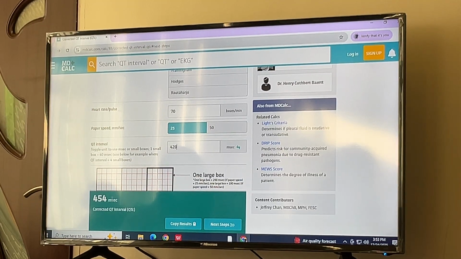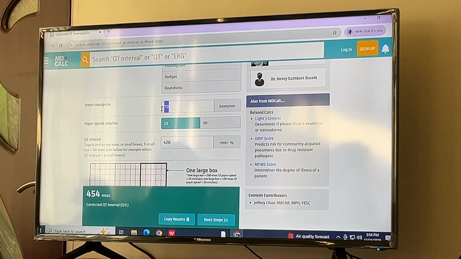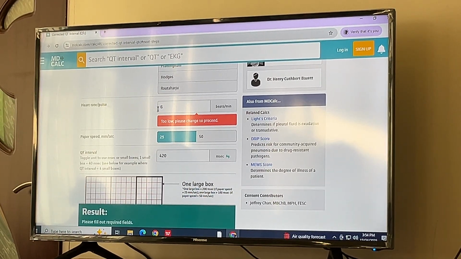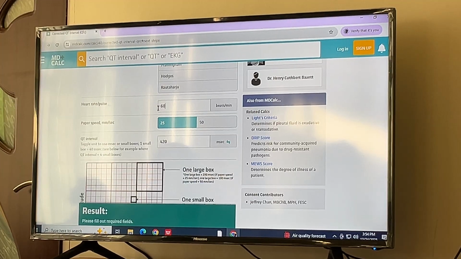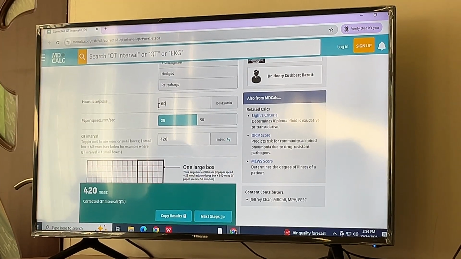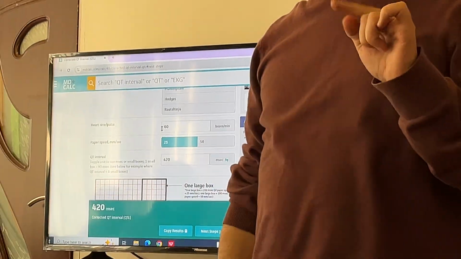Now, if instead of 70 beats per minute I give 60, the QTc and the calculated QT will be the same. Why? I told you that QT is inversely proportional to heart rate. Heart rate increases, QT decreases, and vice versa.